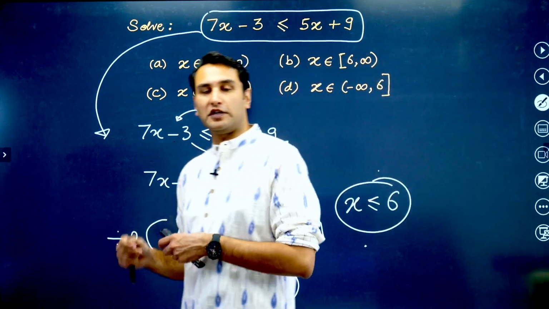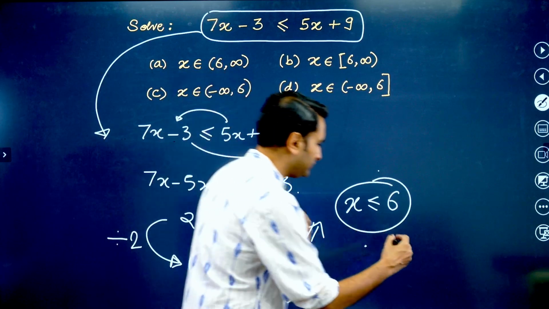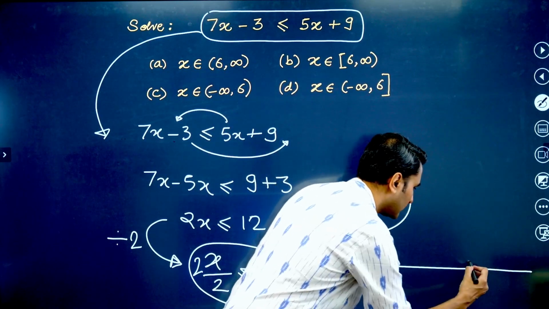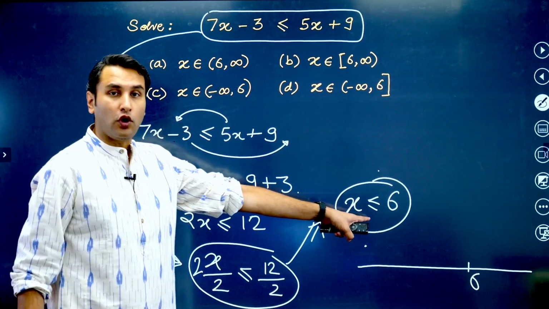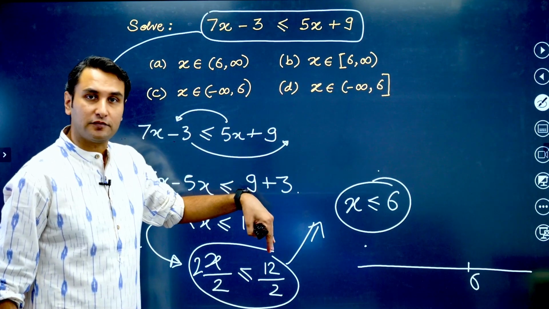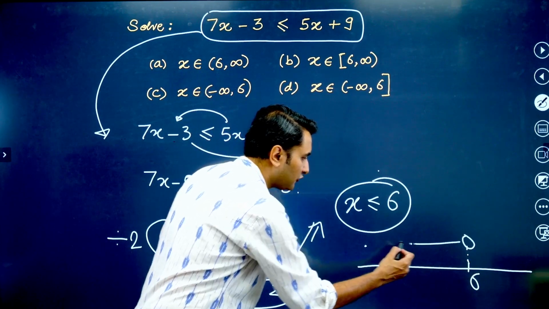Now, if you were to represent this on the number line, 6 is somewhere here. Again, you want all the numbers less than 6. Less than 6 means all the numbers towards the left of 6.